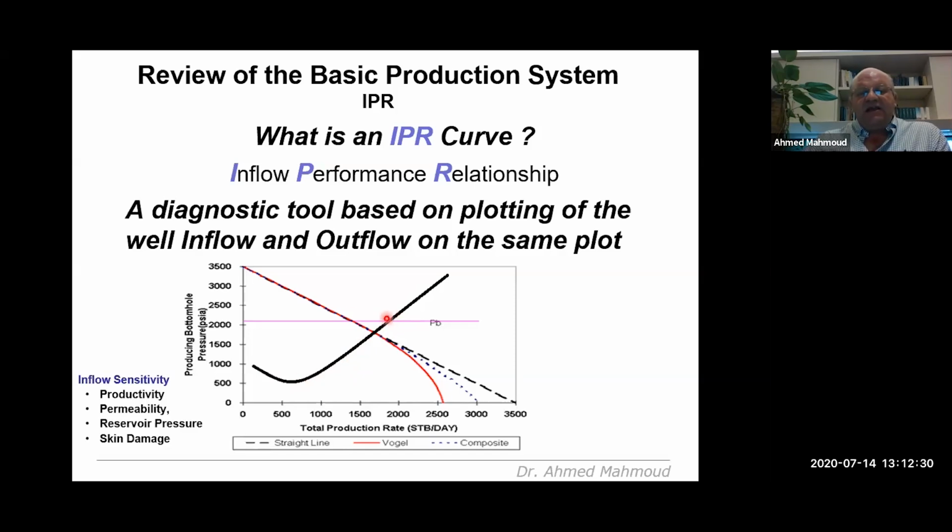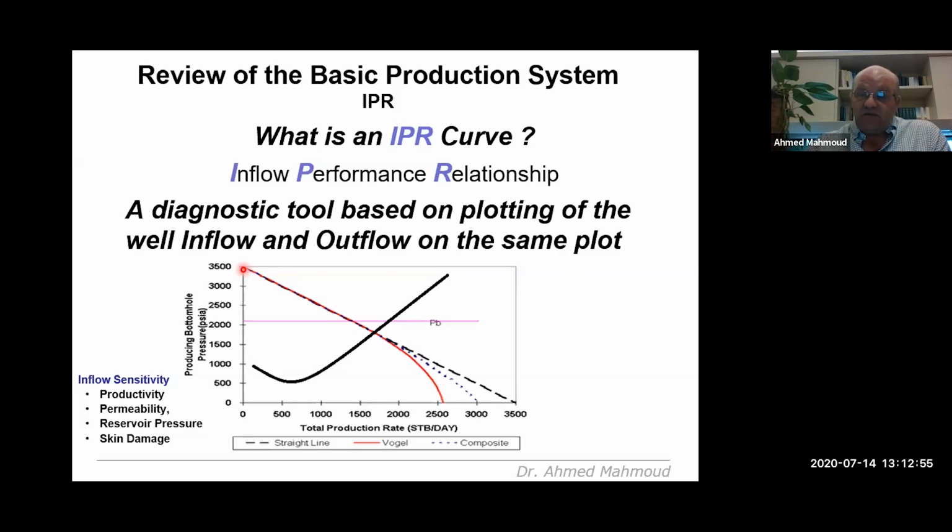So the inflow is affected by a couple of factors that affect its performance, and it will affect whether it's inclined, half inclined, and how the inclination takes place. But there's one thing that doesn't change in the inflow, which is the initial reservoir pressure. Unless you are going to change that, it's another story, we'll talk about it separately.